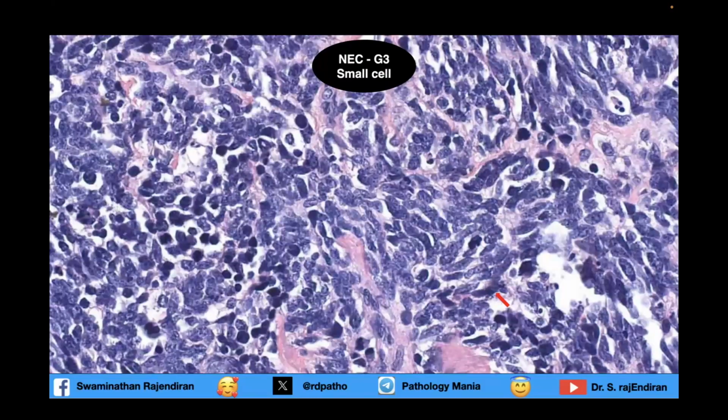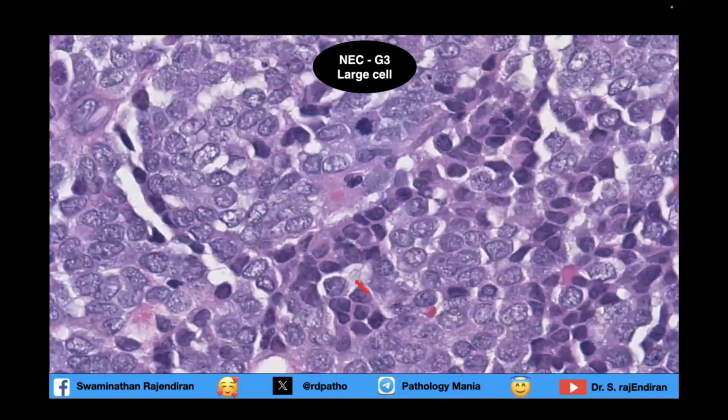Neuroendocrine carcinoma, grade 3, can be divided into small cell and large cell. Small cell is similar to small cell carcinoma of the lung. Crush artifact, a lot of apoptosis and mitosis, but because of the hyperchromatic nuclei, you may not be able to see the mitosis. And this is a large cell neuroendocrine carcinoma with a minor component of small cells.